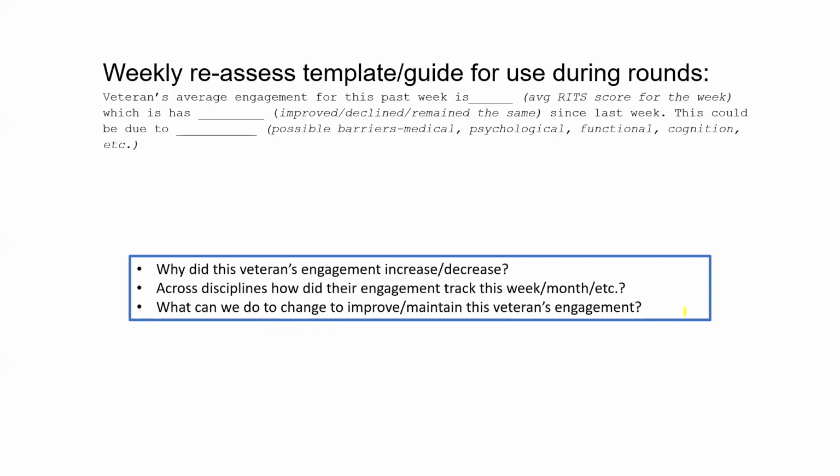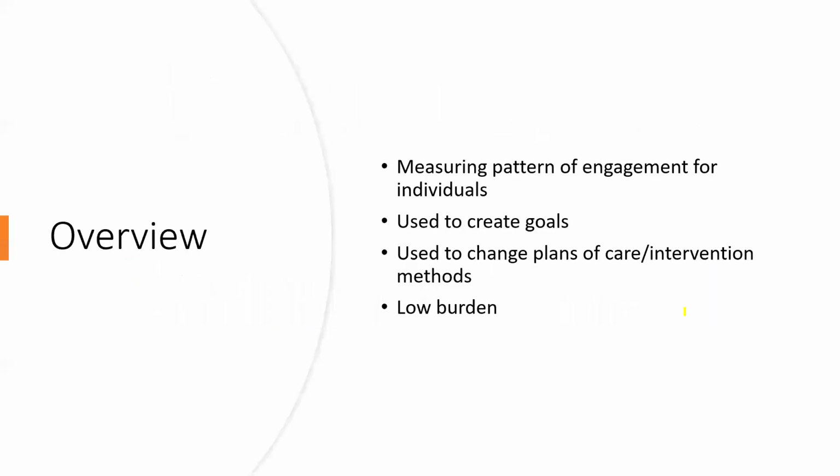And what as a multidisciplinary team can we do to change, to improve, maintain this veteran's engagement? So these are all really key questions to ask, and we already have asked these questions for sure, but this way, with an actual consistent score, it gives more depth and talking points.